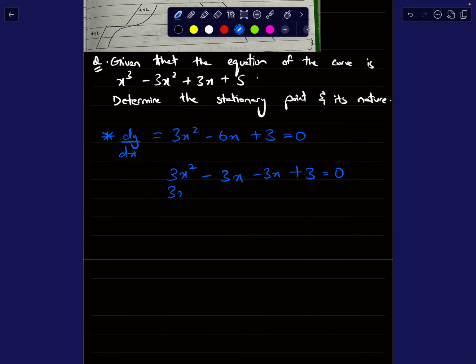So we have 3x minus 3 and x minus 1 as the factors. Alright, so this is the x coordinate of the stationary point.